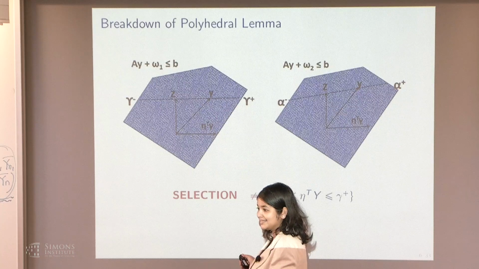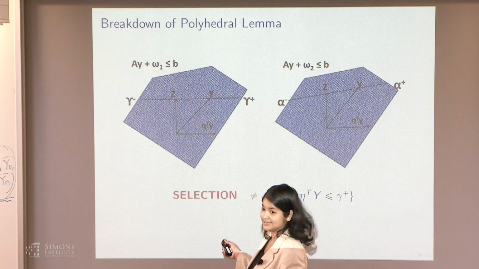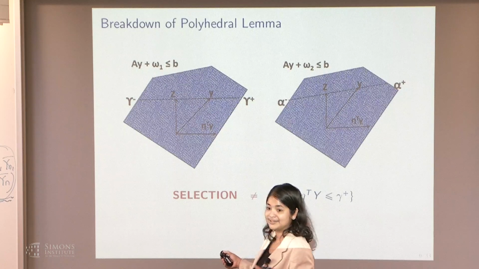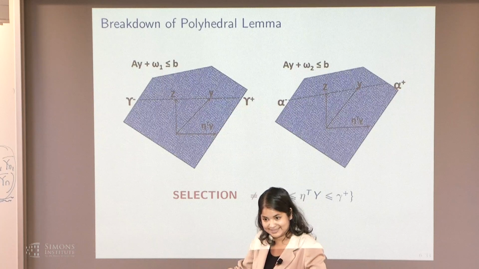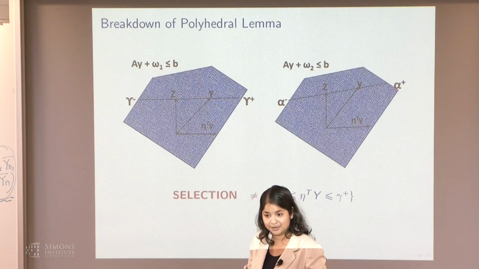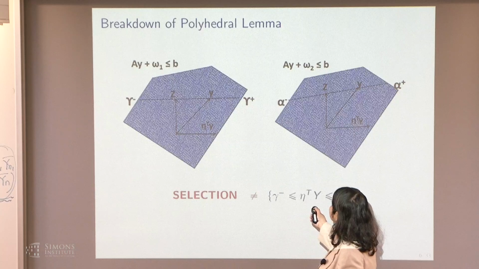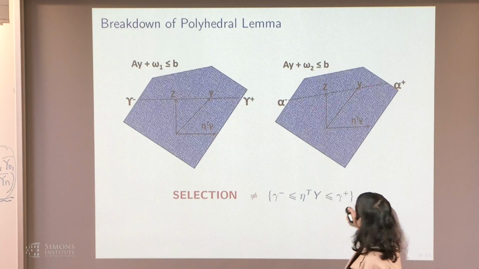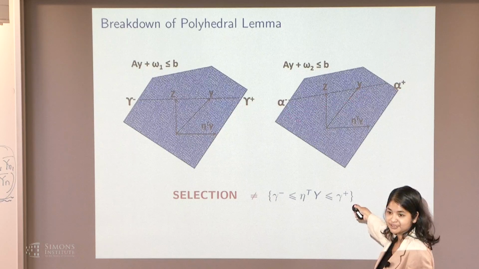But as you can see, the selection is actually marginalizing over these omegas. It's not a fixed realization of omega, but the selection probability that we are computing here is randomizing both over the data as well as the omegas. So if I were to compute it at a different realization of omega, which is omega 2, I'll get another ray, a different ray from this one, to which eta prime y will be restricted.